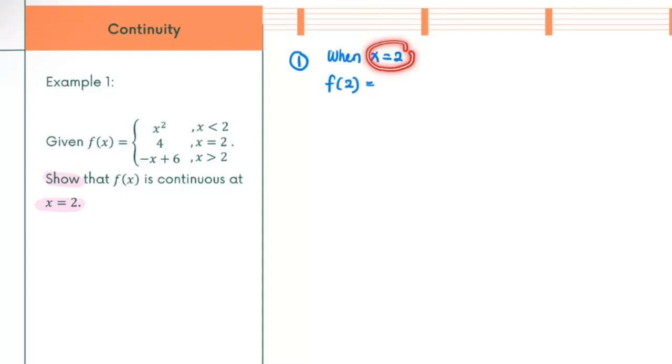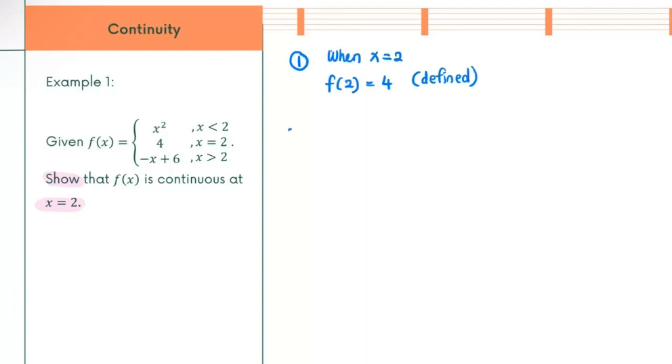The value of f(2) will be 4. Sebab dekat sini sahaja yang ada equal. So f of 2 kita dapat 4. So kat sini maksudnya apa? Bila gantikan 2, ada value of y. So automatic kita akan kata f of a is defined. Saya terus define kat tepi ni. So f of a defined.